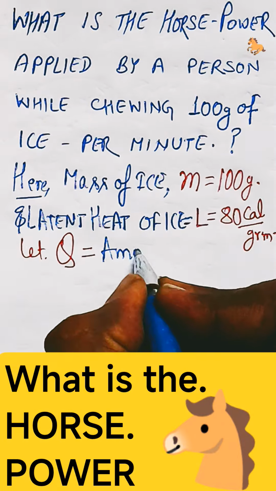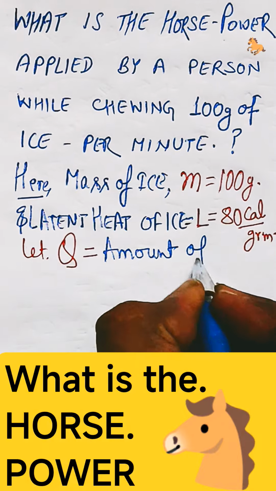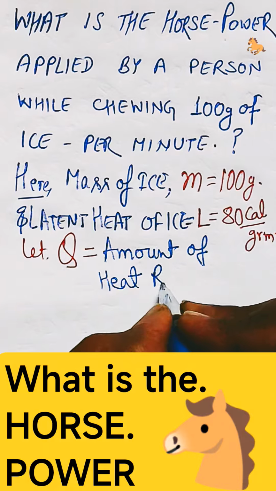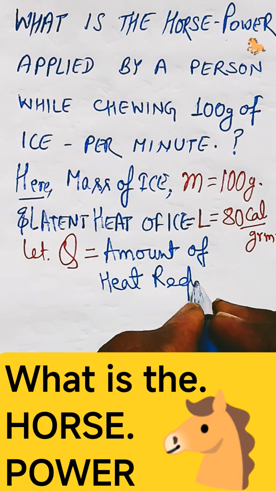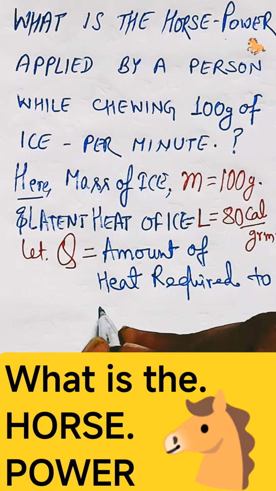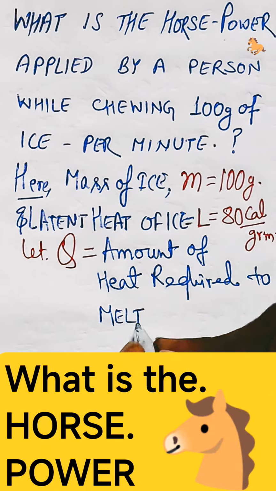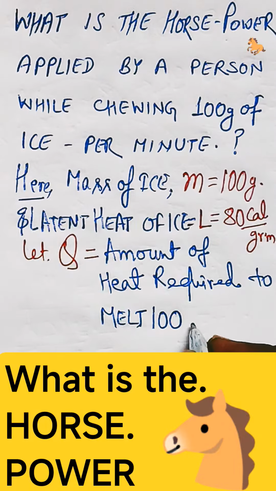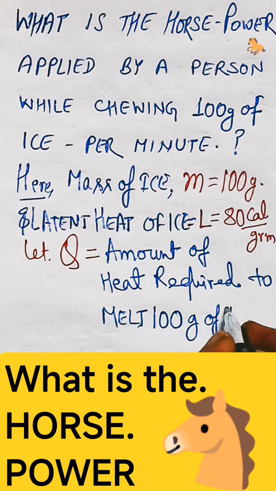And the Q, that is the amount of heat required to melt this 100 gram of ice, right? So the Q is represented for that amount of heat.